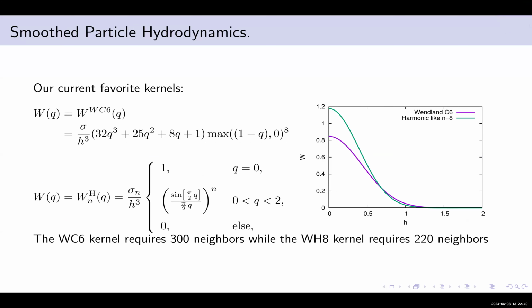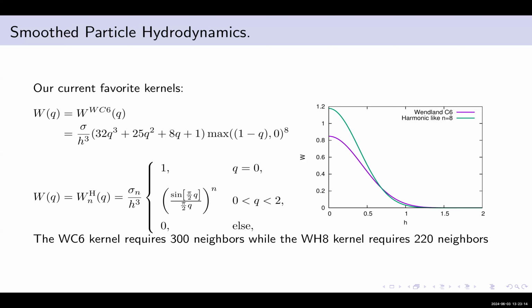Just to show you here, we have a couple of kernels that we particularly like. The purple one here is called the Wendland C6 kernel. That was one that Stefan was using for a long time because it had very nice properties. One thing is that if you take the Fourier transform of that, the Fourier transform is positive as well, and that means that you avoid some pairing instabilities that can otherwise happen.